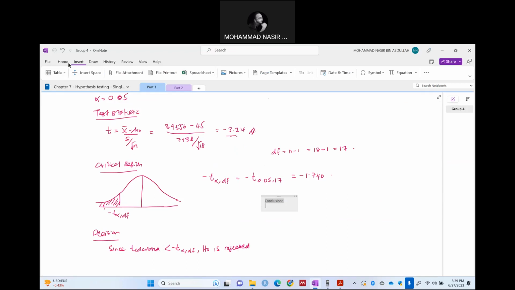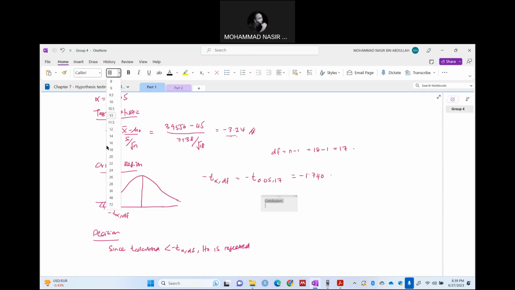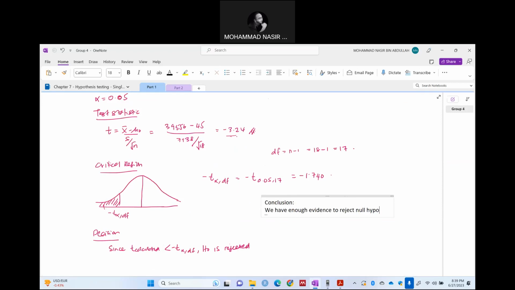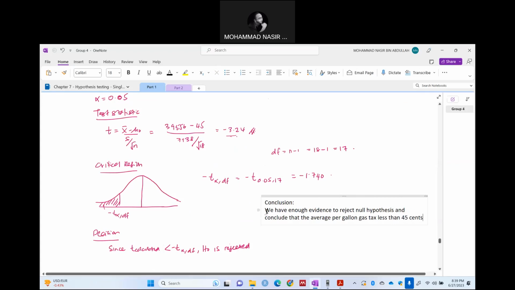We have enough evidence to reject the null hypothesis and conclude that the average per gallon gas tax is less than 45. Right? So this one should be down here.